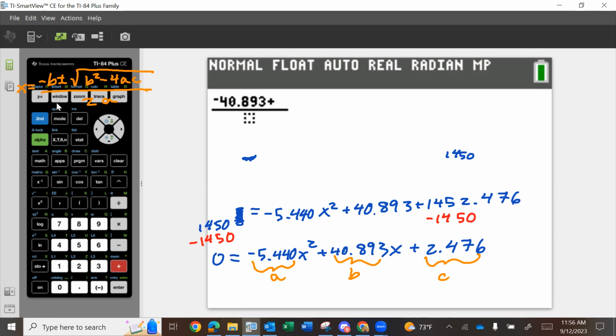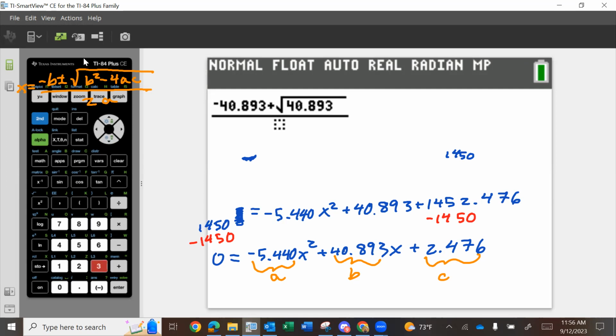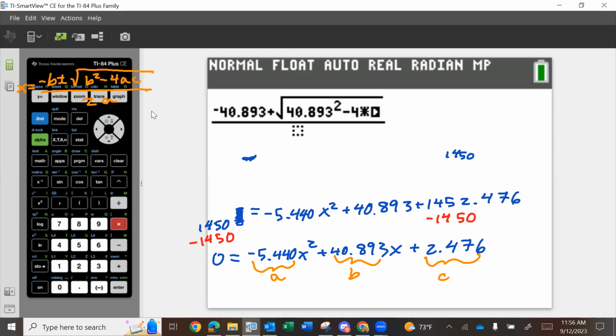Then it says do a big square root sign. So I'll go second square root. Then it says do B again. Well, B is 40.893. Yeah, B is very popular. Then it says we got to square that. Square the B. Then it says a subtraction sign. Then it says do a 4, and we're going to multiply that by a.